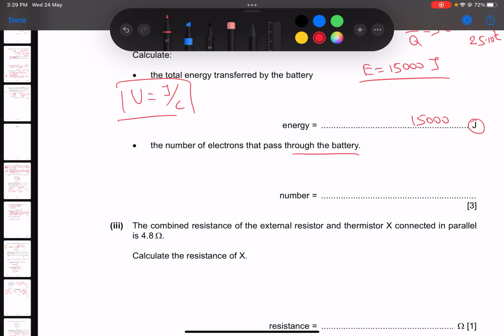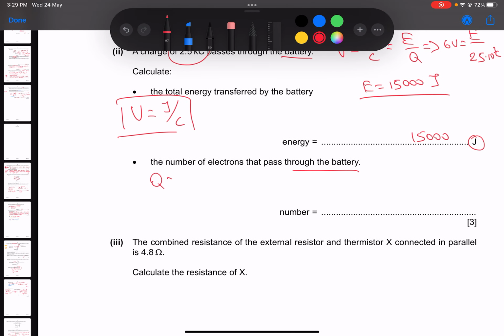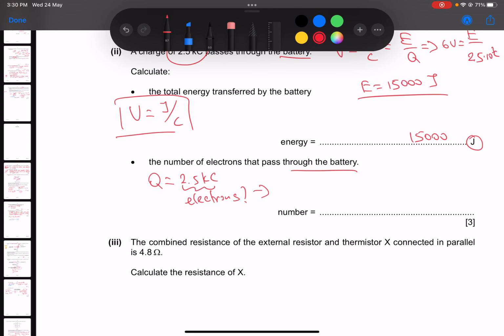So how will we find it? For this 2.5 kilocoulomb charge Q, we have to find how many electrons have passed. I feel like the question needs to be modified a little, but anyway, how many electrons do they have?